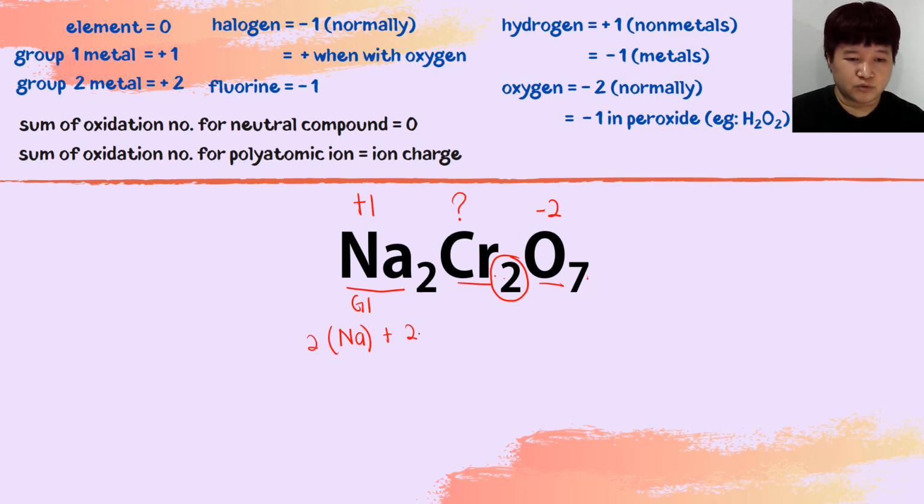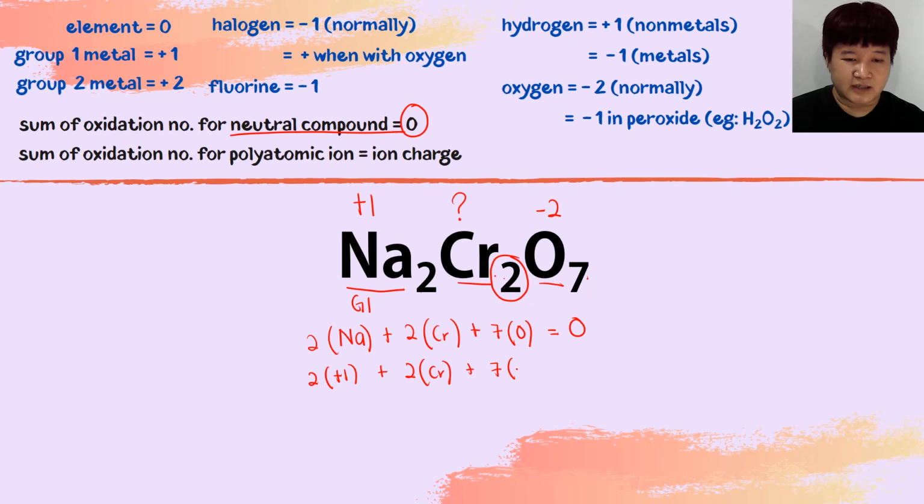Plus 2 times the chromium plus 7 times the oxygen and must equal 0 because it's a neutral compound. Therefore, the total oxidation number must equal 0. Sodium is +1. Chromium is the one that we are looking for.